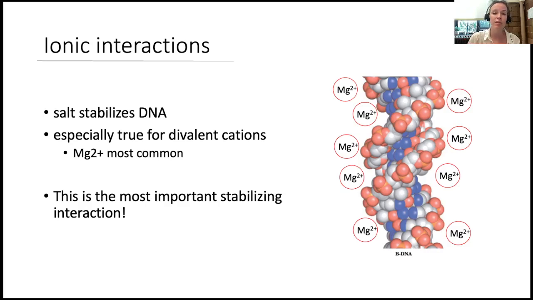Finally, the most important type of non-covalent interaction is ionic interaction. Let's for a moment think about what's happening with the phosphodiester backbone of this DNA. Each nucleotide comes with its own phosphate, right? And each of those phosphates bears a negative charge.